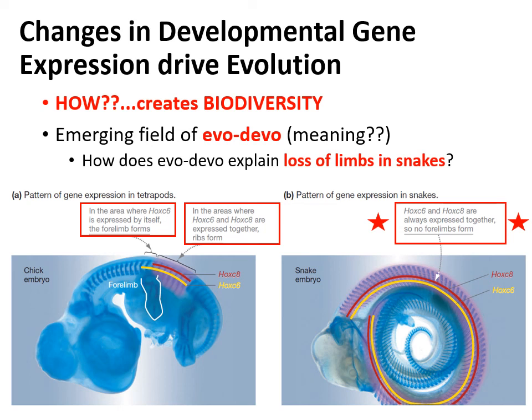But if one of these processes is now changed, okay, you may end up developing a structure with a different size or a different shape or even yet a different ability. And that's critical for evolution because it creates biodiversity. Okay, biodiversity meaning diversity and variations amongst different organisms.